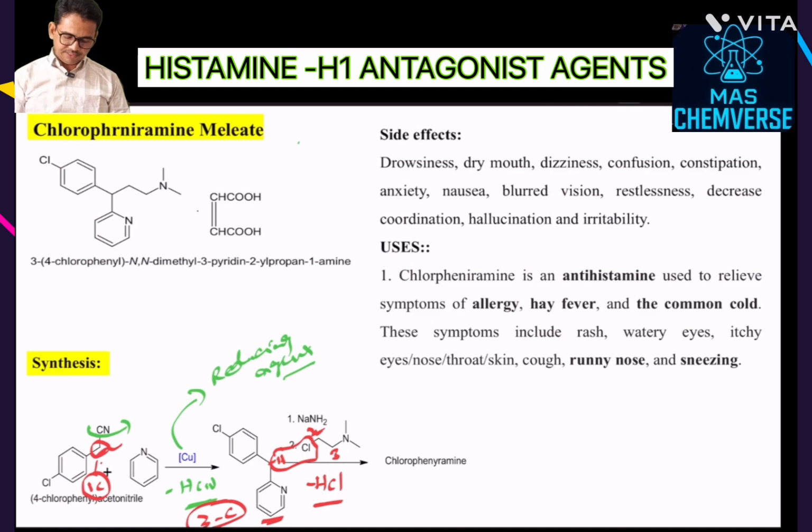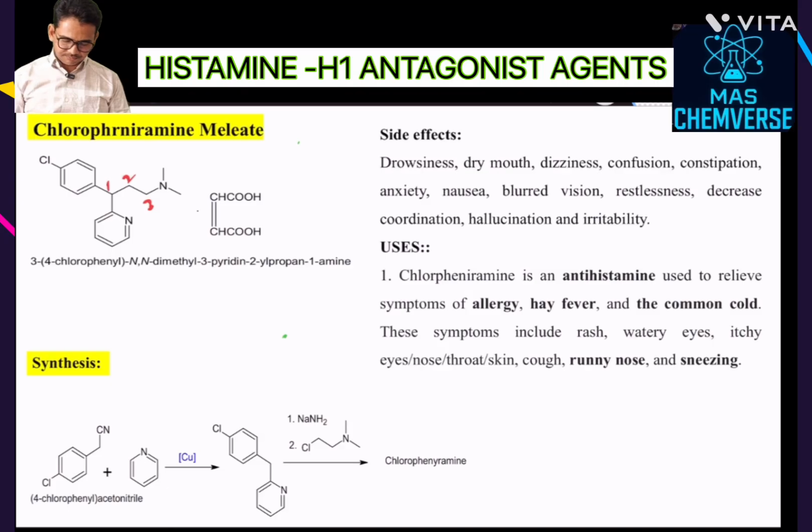See here, this is 1 carbon, this is 2, this is 3. Here you can see. Then finally it produces chlorpheniramine.